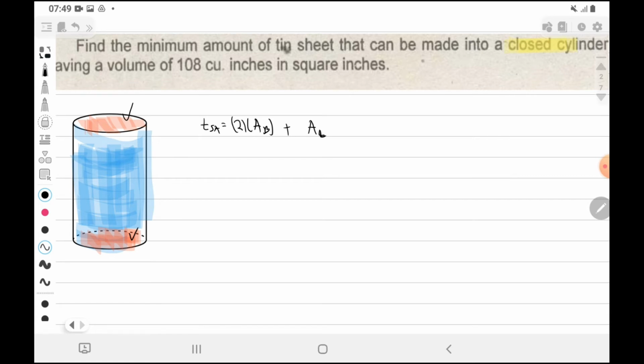So, para natin solve yung area of the base, of course, dito natin kukunin. Ito yung radius natin, at ito yung ating height. Okay? So, from that, pwede natin kunin yung ating area ng ating bases.